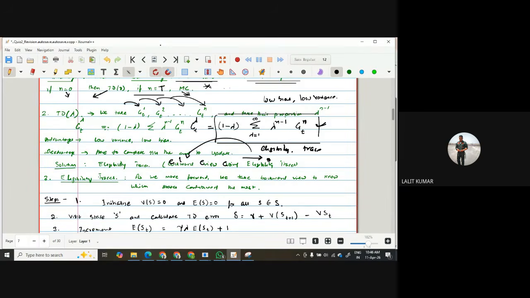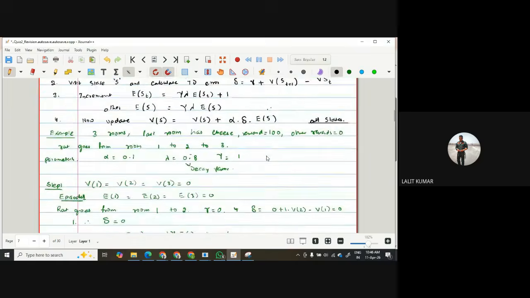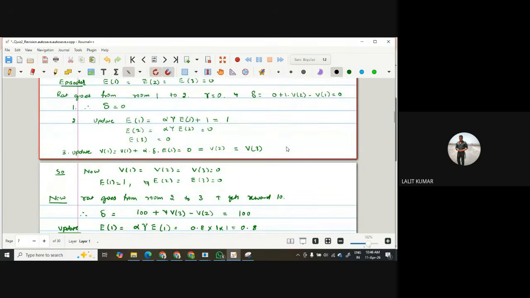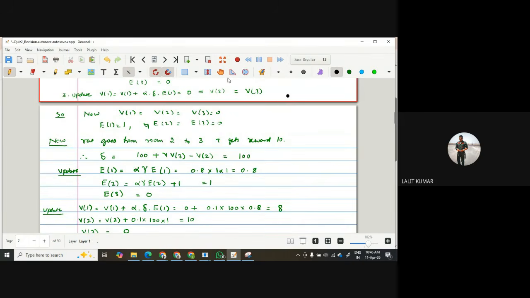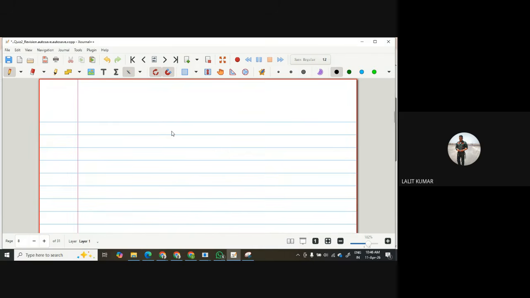So at every step as I'm going, I will cover the concept so that your concepts are clear. I had shared one example yesterday with all of you. So, TD lambda with eligibility trace.